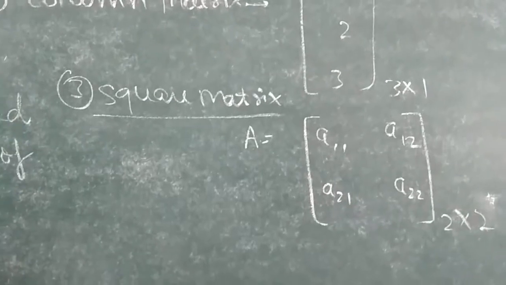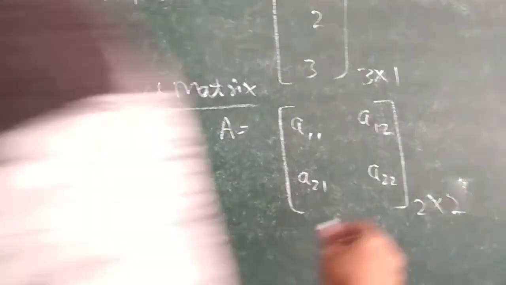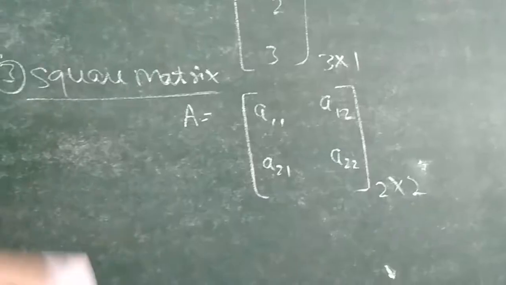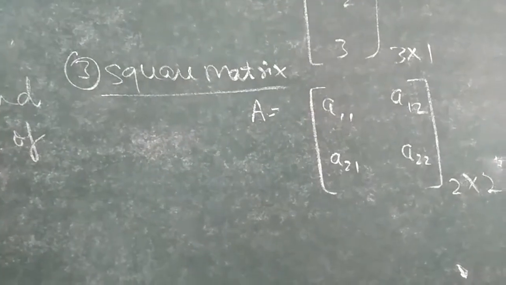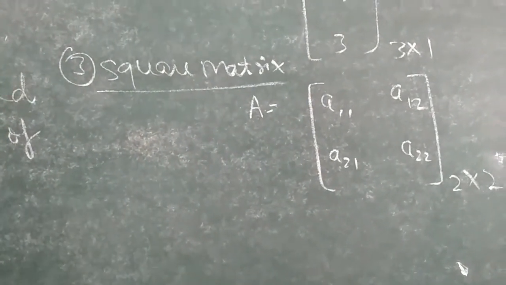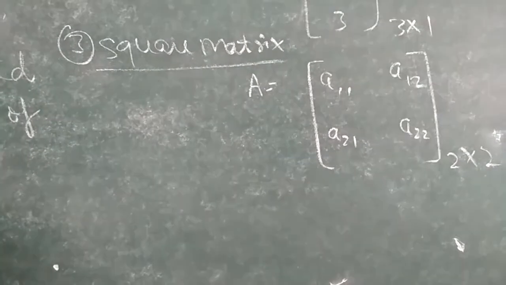This order is 2 by 2. There are 2 rows, 2 columns. So this matrix is known as the square matrix. It always contains the same number of rows and columns. That matrix is called a square matrix. Now, the next matrix is the rectangular matrix.